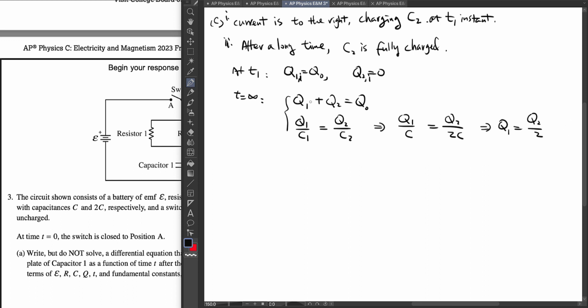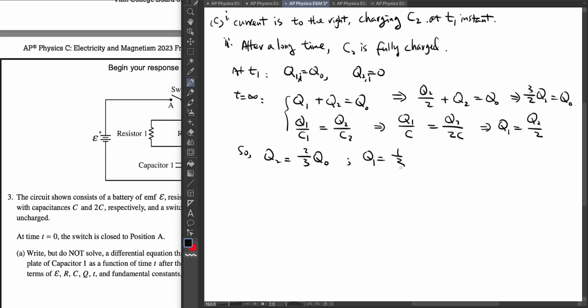If I plug this into the first equation, I would have Q2 over 2 plus Q2 equals Q naught. That gives us 3 halves Q2 equals Q naught. So Q2 equals 2/3 of Q naught. And then clearly Q1 is 1/3 of Q naught according to charge conservation.